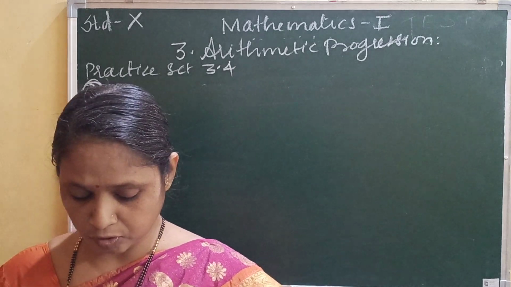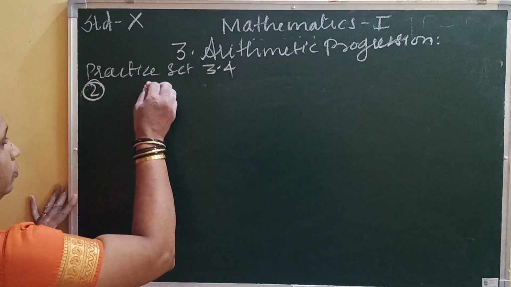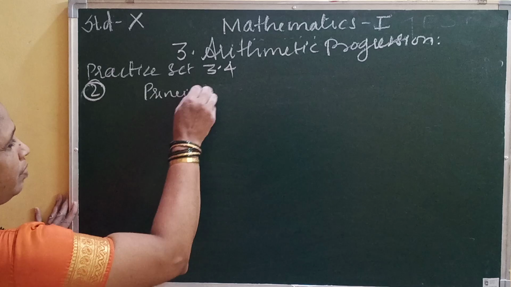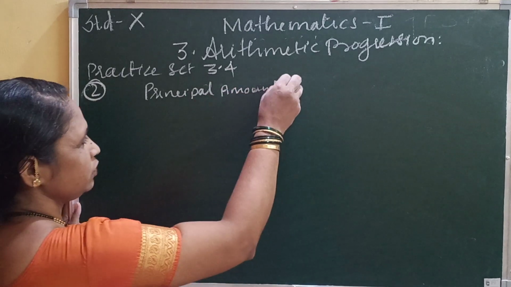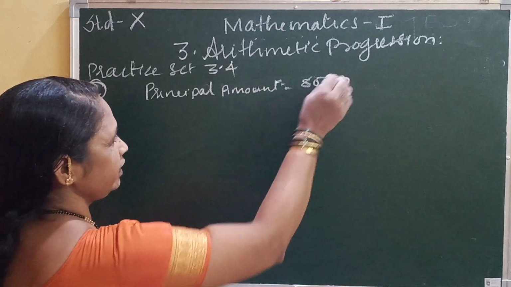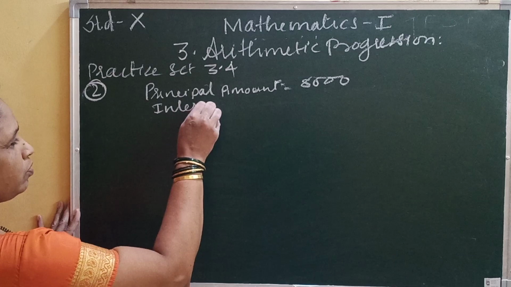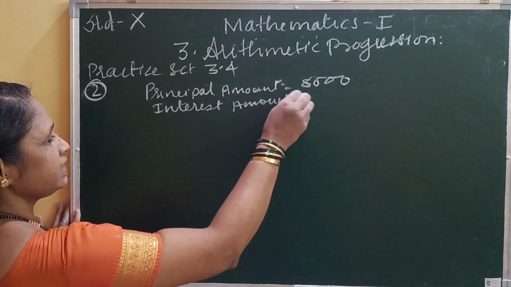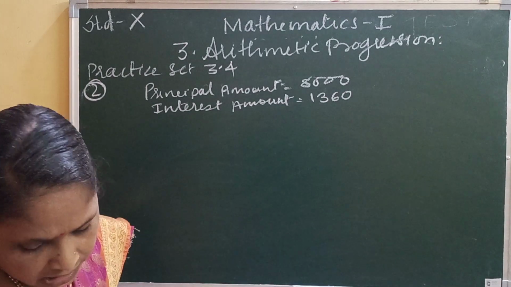So how much amount is borrowed? His principal is 8,000. The principal amount which he borrowed is equal to 8,000. And the interest amount is equal to 1,360.